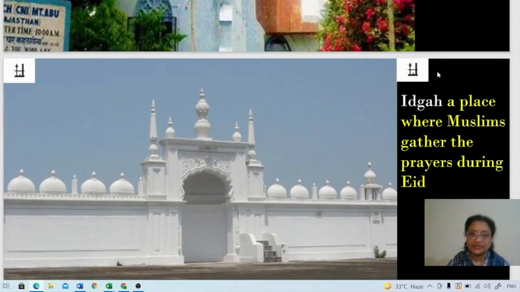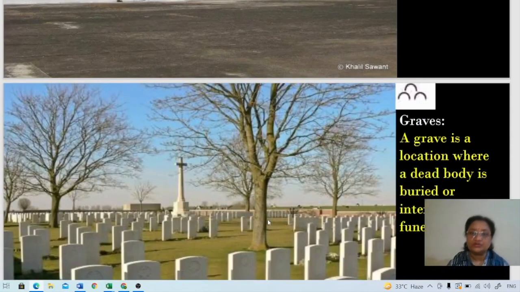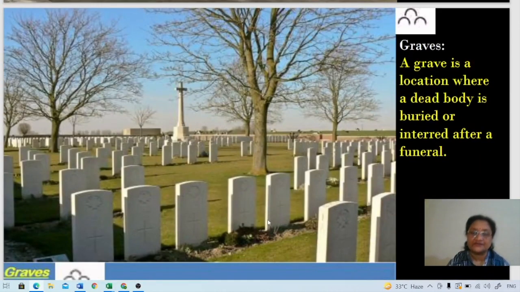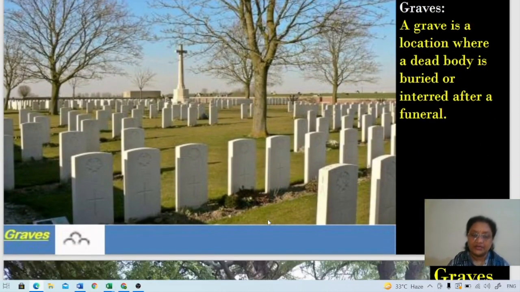Then come to the next one, Eidgah, a vast big area surrounded by a wall. So this is called Eidgah. This is a place where the Muslims gather and do the prayer. Then come to the next one. These are the graves, and these are shown by which symbol?